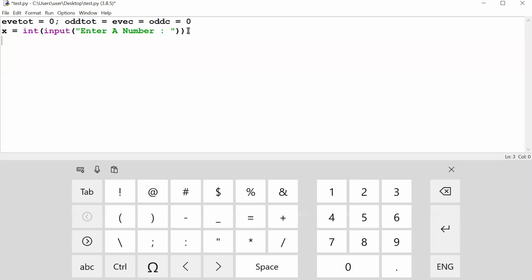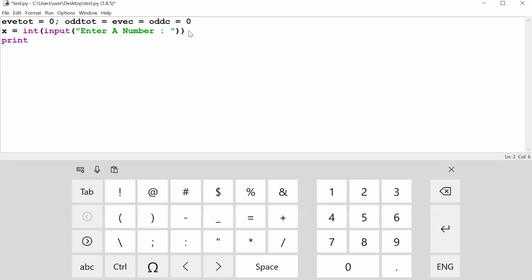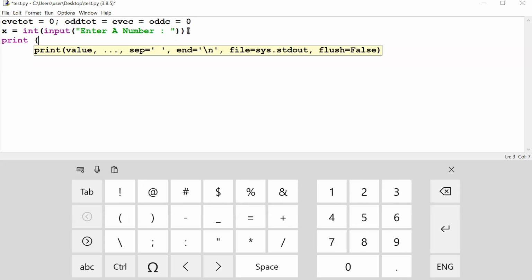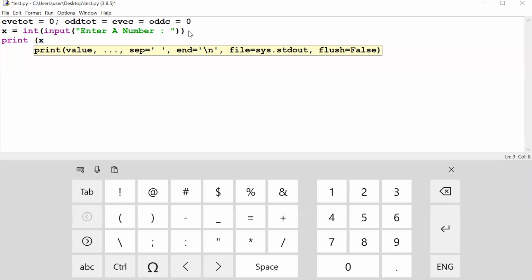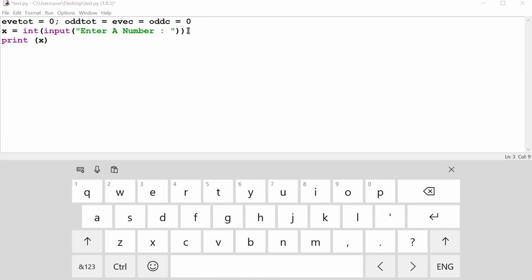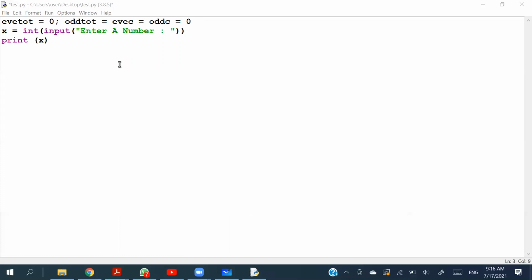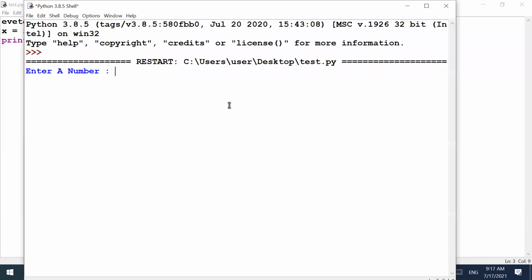So I'll put a print here too, just to show it is executed. So if we run this, it runs.